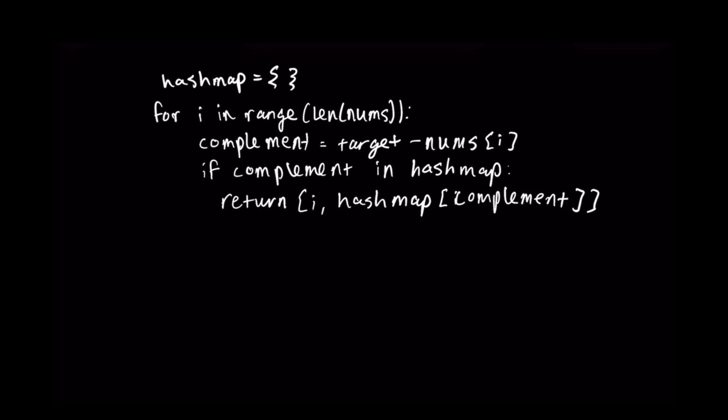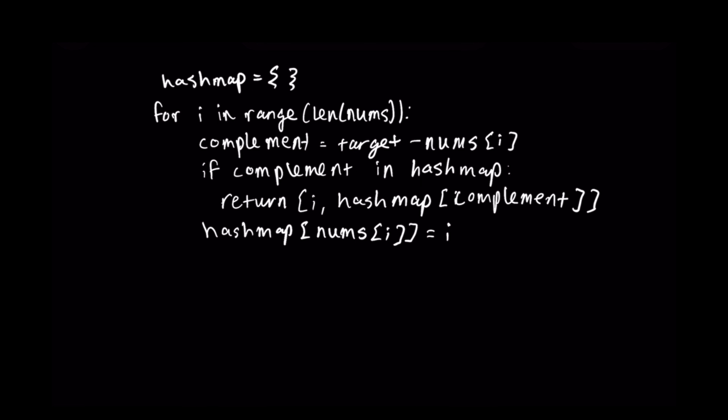And if not, the position of i in our hash map is simply equal to i. So that way we at least populate the hash map.